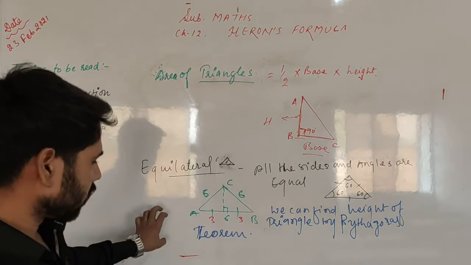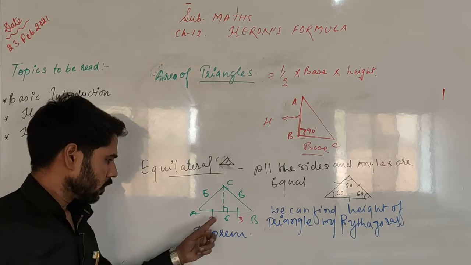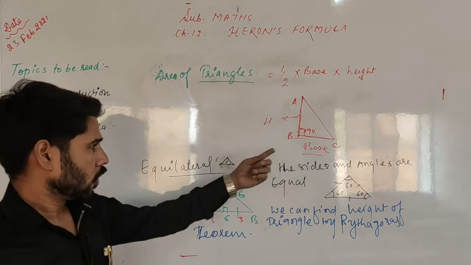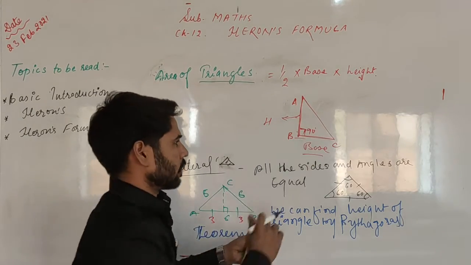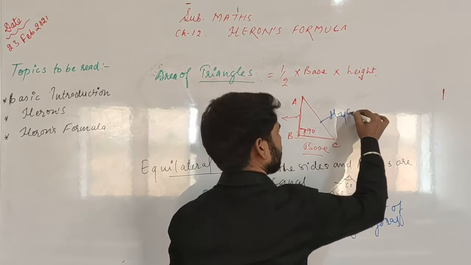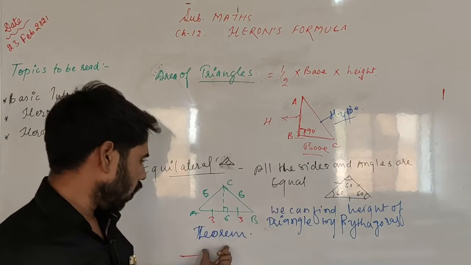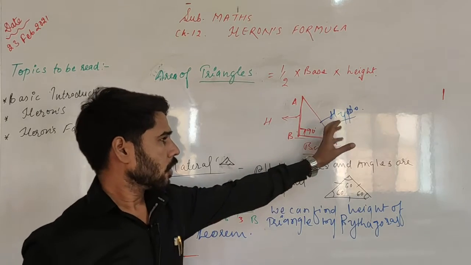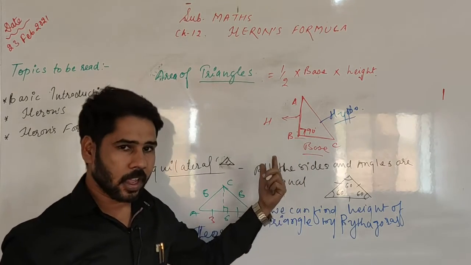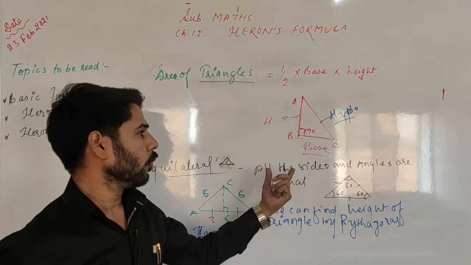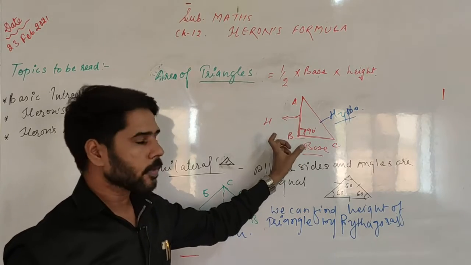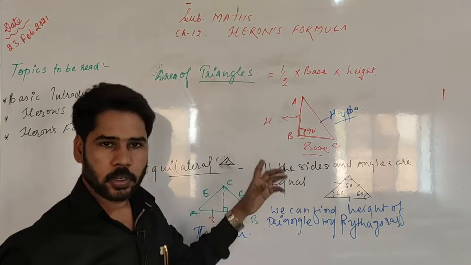According to the Pythagoras theorem, the square of the hypotenuse, this is called hypotenuse, is equal to the sum of the squares of base and perpendicular.